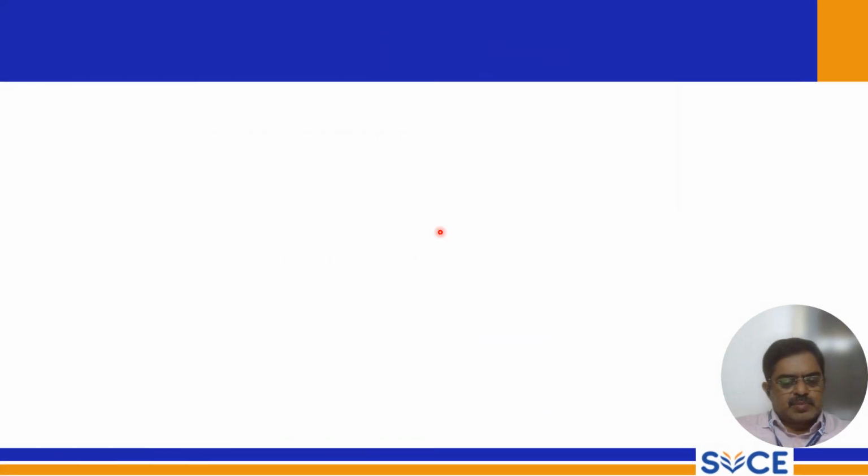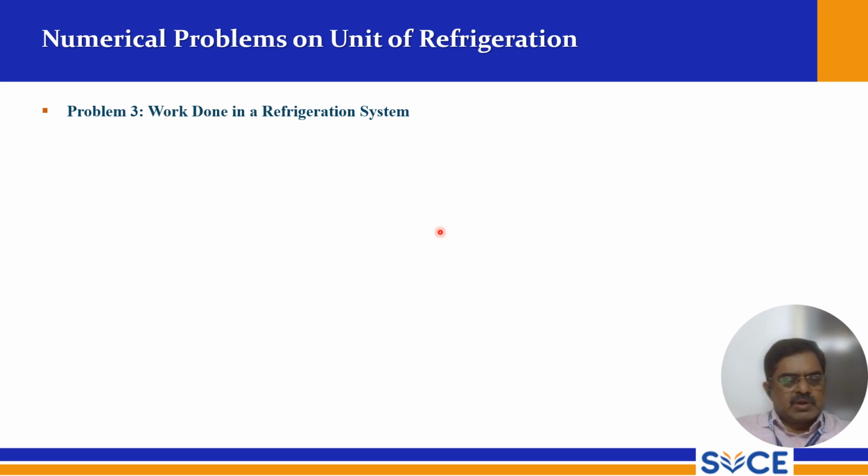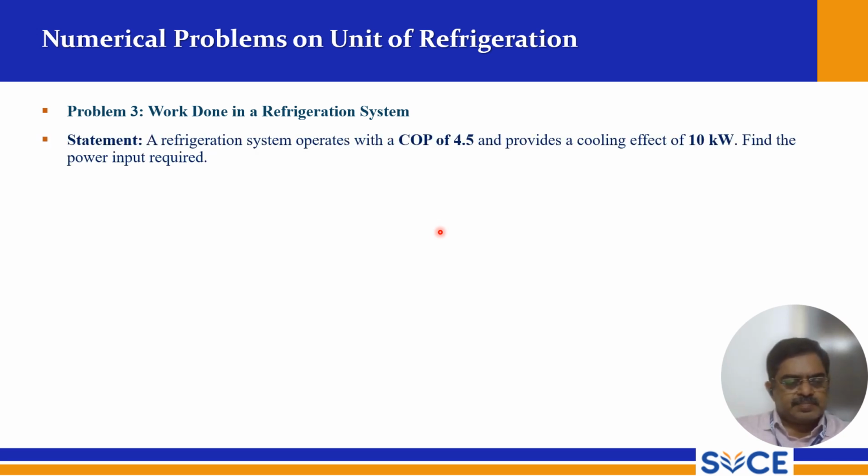We see another problem. Next problem: work done in a refrigeration system. Here we are going to calculate the work, the W in the denominator of Q by W. A refrigeration system operates with a COP of 4.5. So COP is given directly and it provides a cooling effect of 10 kilowatts. That is Q. Find the power input required.